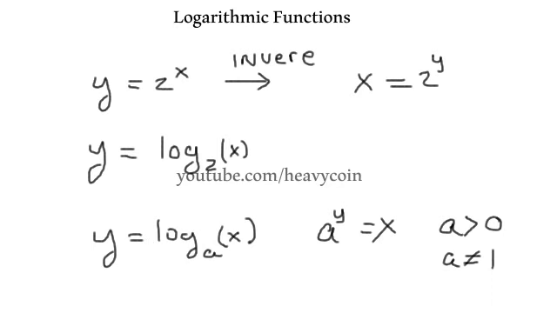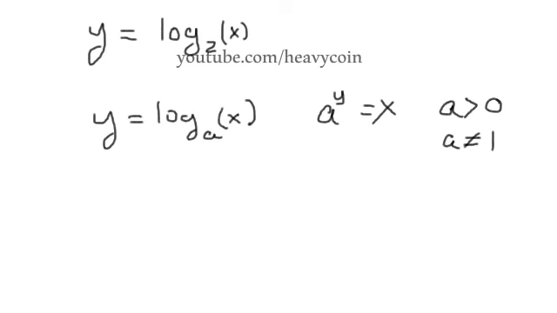Let's give some examples. This may not be making any sense at this point, but I think maybe it eventually will. We have log base 8 of 64 is equal to 2. This is in logarithmic form, and I want to rewrite this in exponential form.